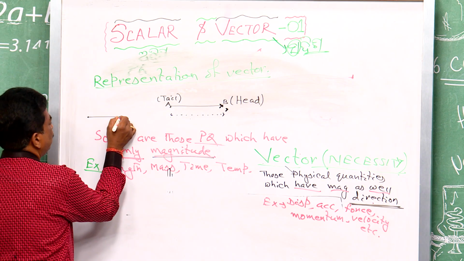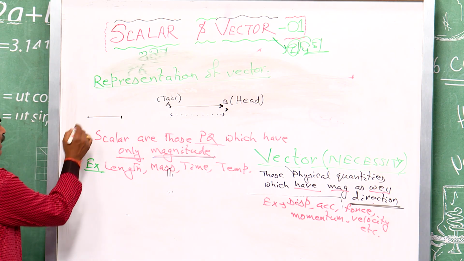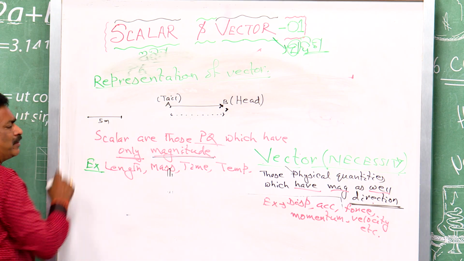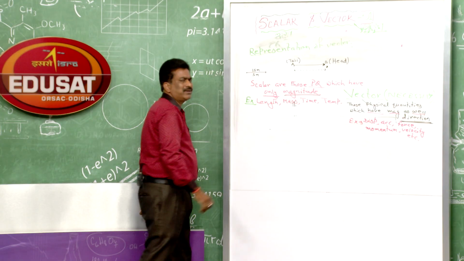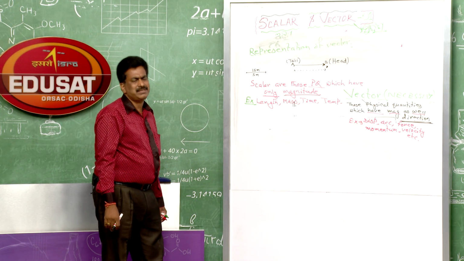Suppose this is the length. This length I can say is 5 meters. The same length can also be said to be 15 meters. Sir, is it possible? Yes, it is possible.